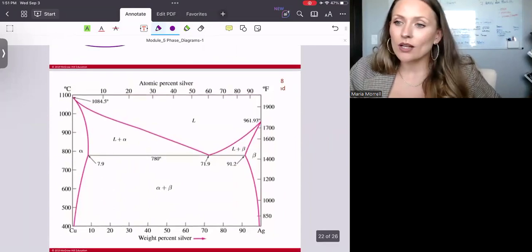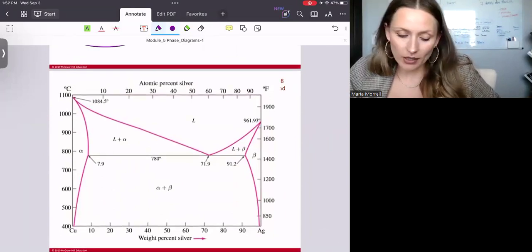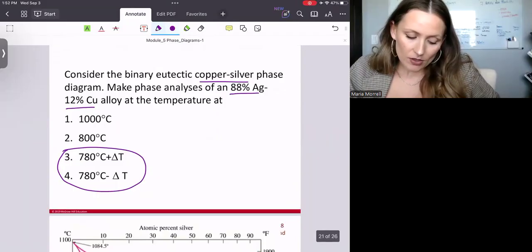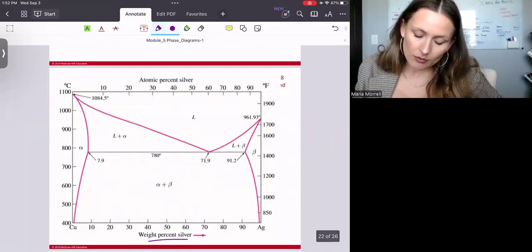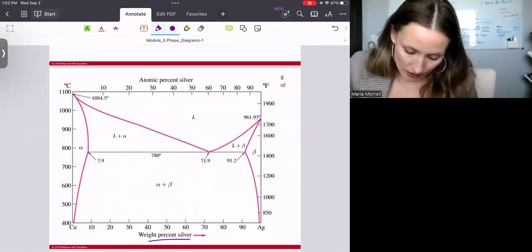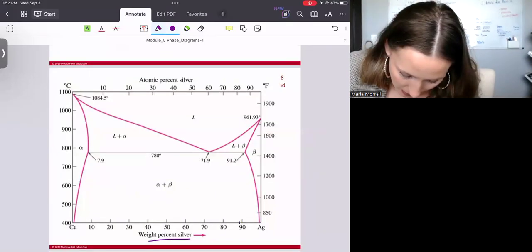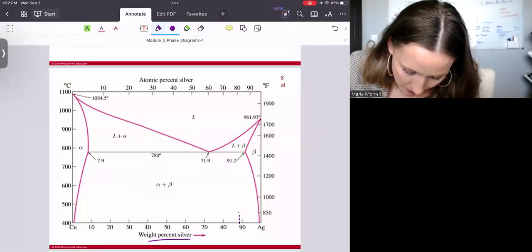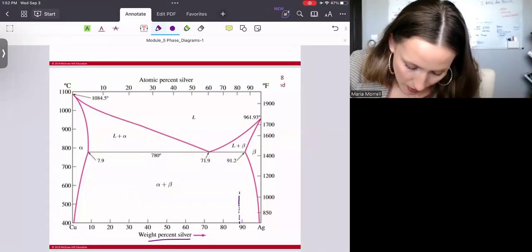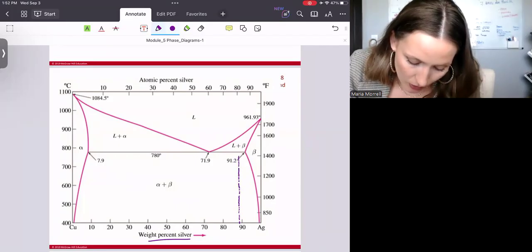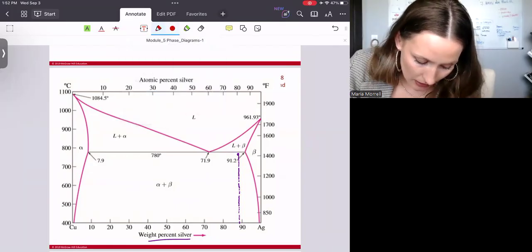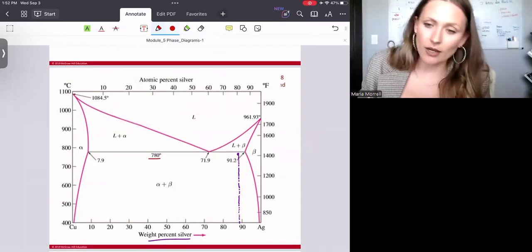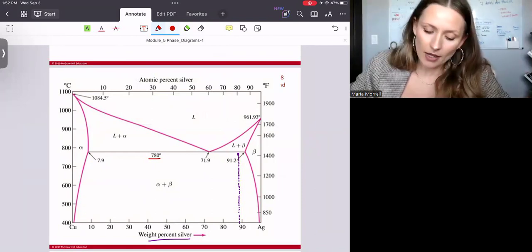Okay, so I'm going to start with identifying the point on my diagram. I'm looking at 88% silver, making sure that my X is actually silver. That means my 88% is somewhere in here. I'm going to go all the way up, and I will remind you that for this specific problem, we're going to look at the point that is slightly below, and then the point that is slightly above, because this line is highlighted as 780.